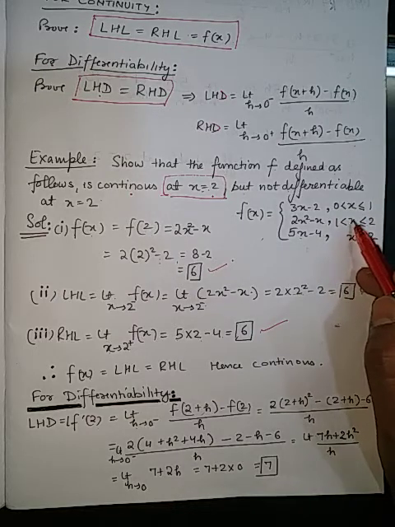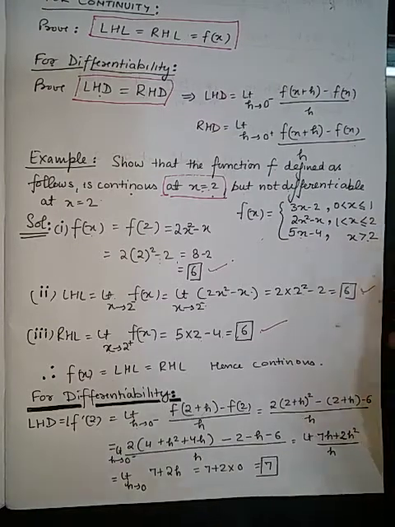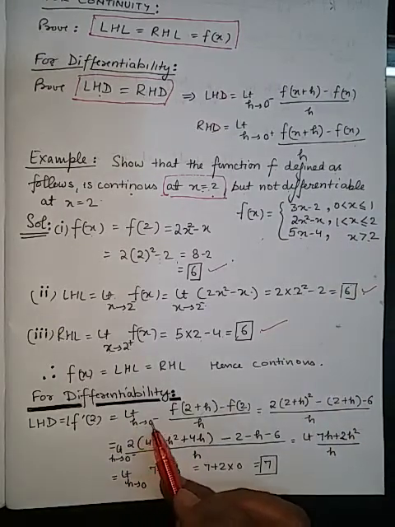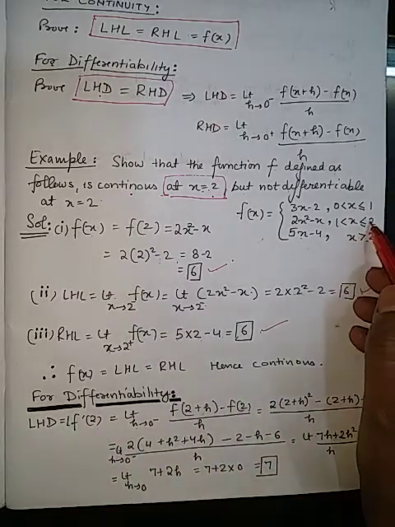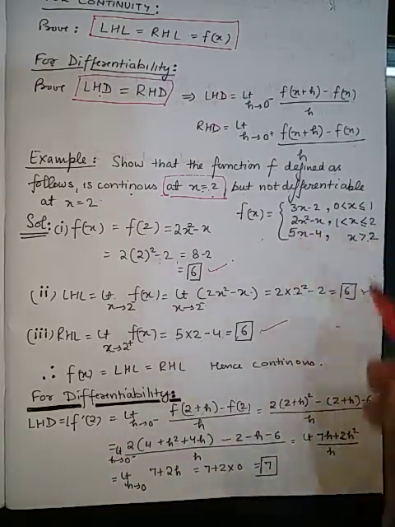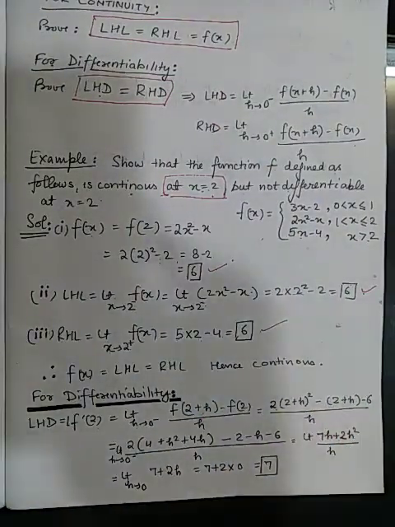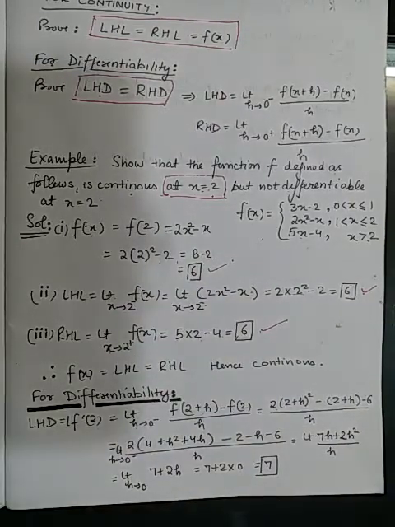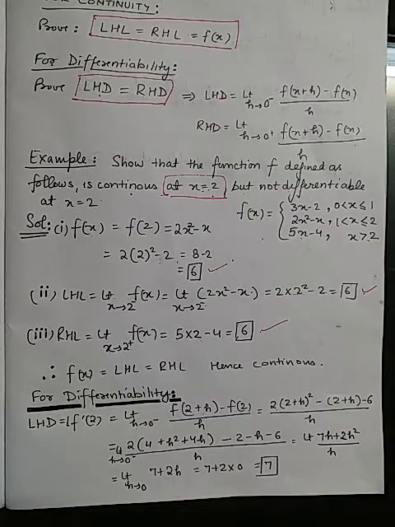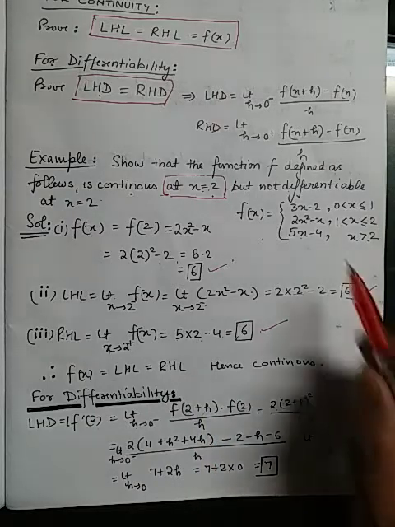We have to put the value h tending to 0, but we have to follow whether it is less than 2, that is 2 minus, or 2 plus. 2 minus value is again 2x square minus x.